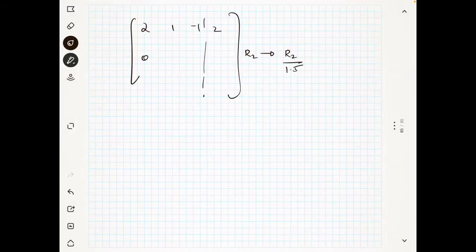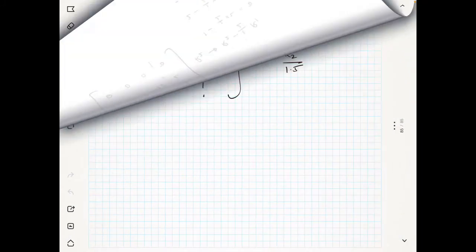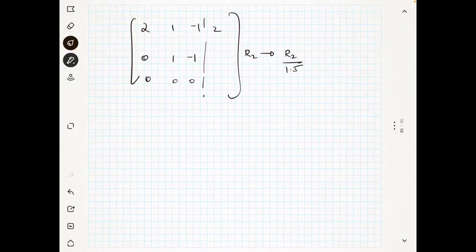Then this becomes 0, this becomes 1, and this becomes minus 1, and the other will be 0, 0, 0. Now I am going to subtract this.